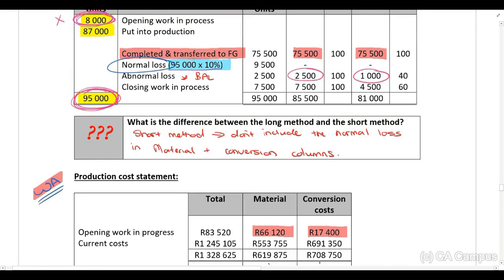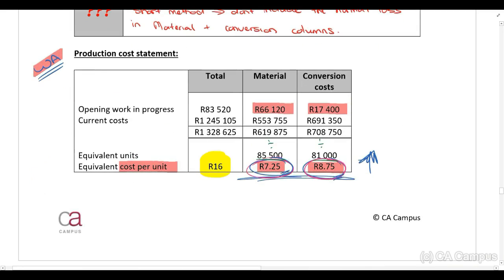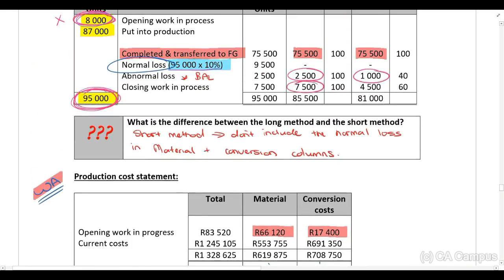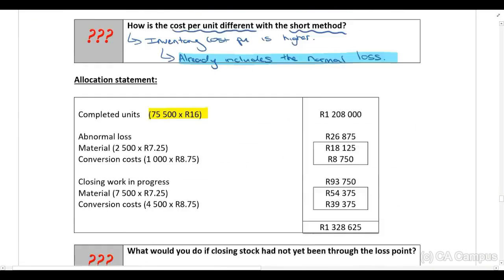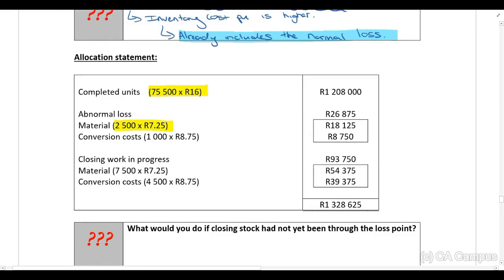For closing work in process, 7,500 multiplied by 7.25 Rand, 4,500 multiplied by 8.75 Rand. And you've done these calculations. You don't have to worry about allocating the normal loss because the inventory cost per unit is already higher, so it already includes the normal loss.